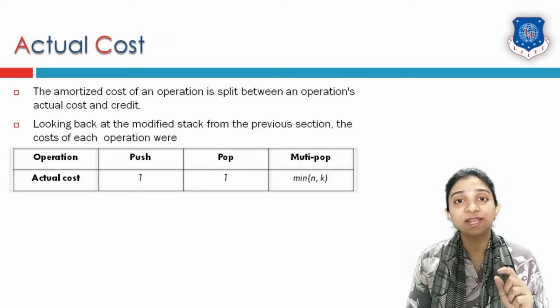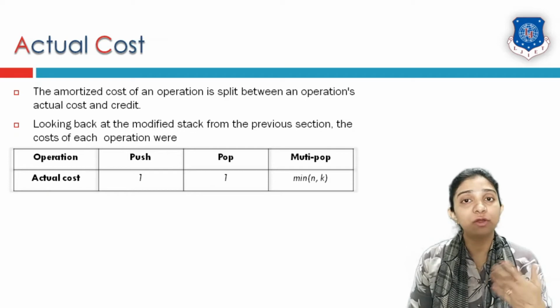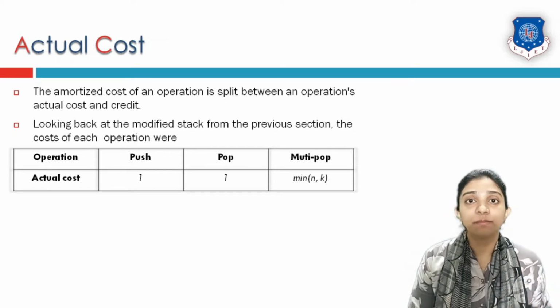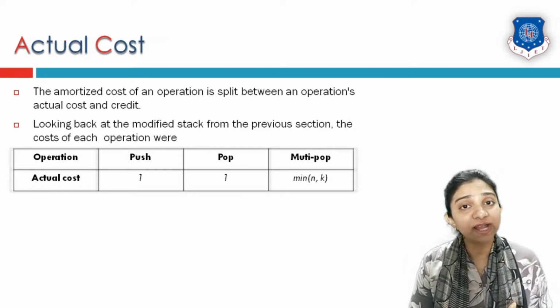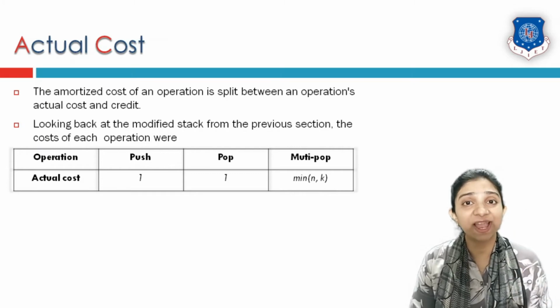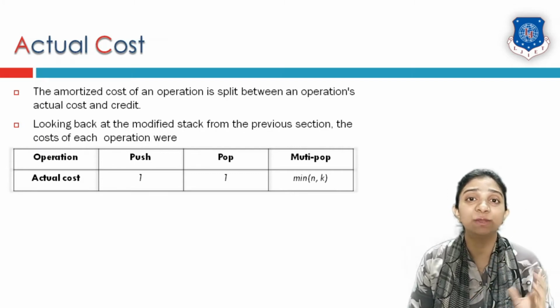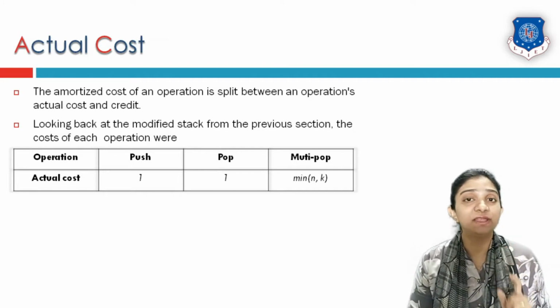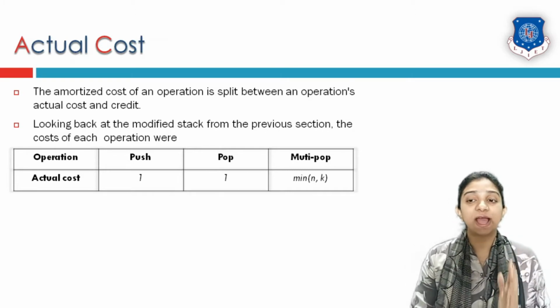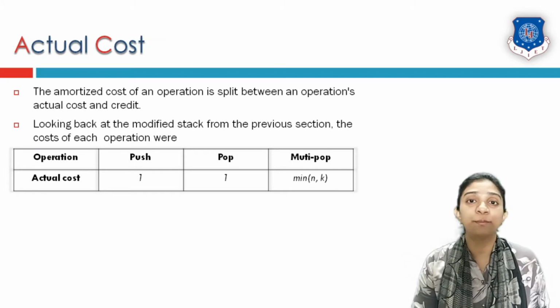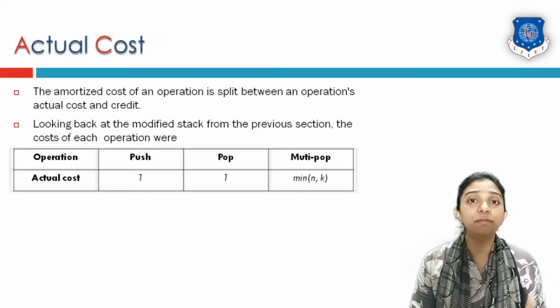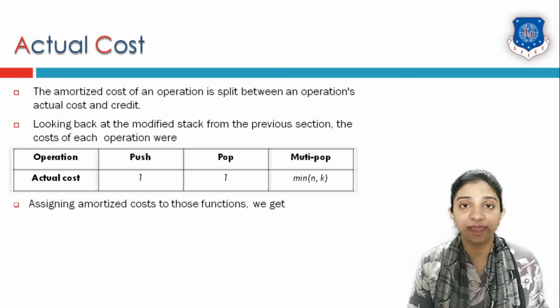If k's value is lesser, then only the top k elements will be popped out. But if k is larger than the size of the stack, all the elements will be popped out, that is, n. So the actual cost of multi-pop is the minimum of n and k.